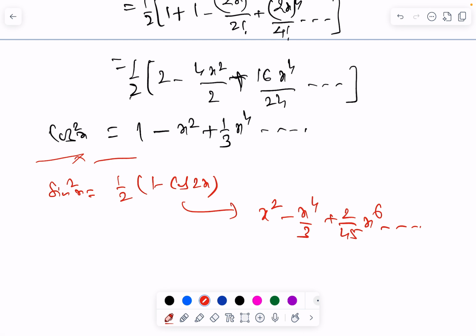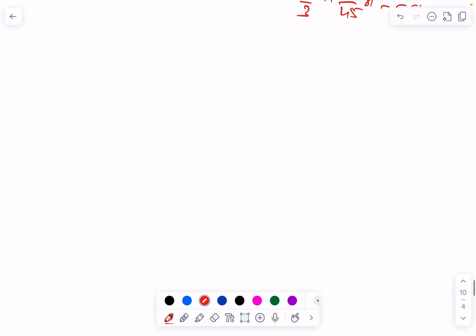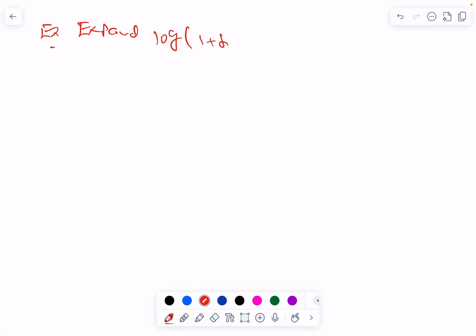Now we can expand log of 1 plus sin x. So now log of 1 plus sin x.